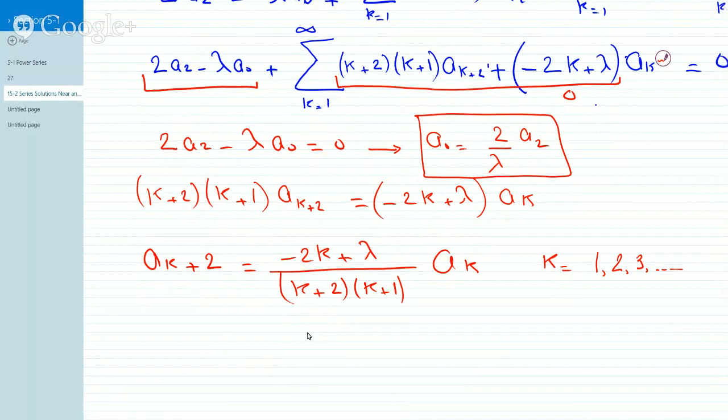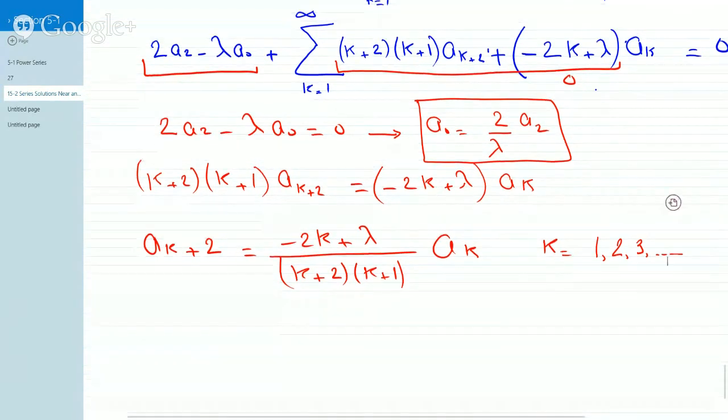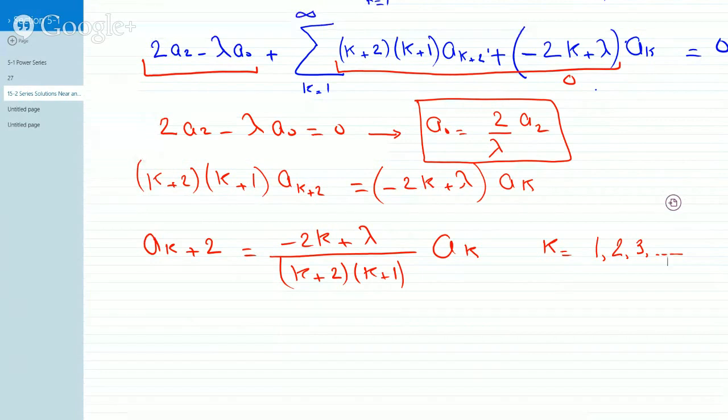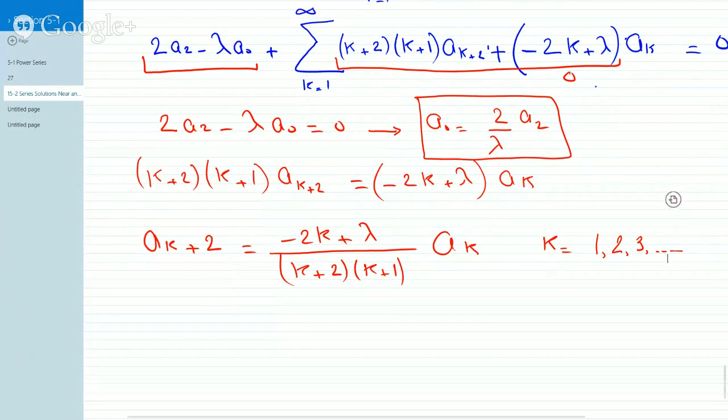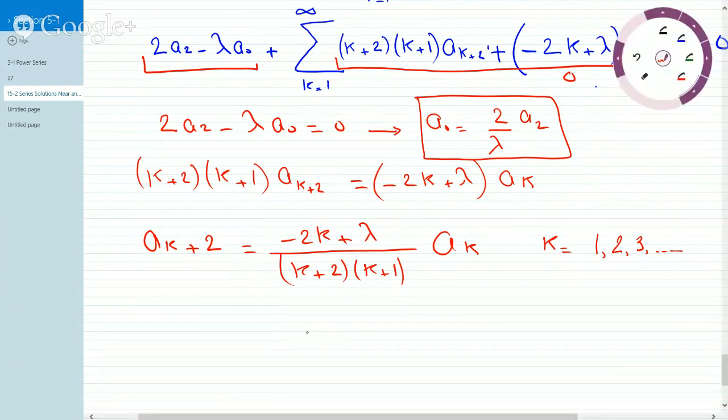Okay. So let's go ahead and start plugging in some things here, because we are looking for the first 4 terms in each of the 2 solutions. So let's see.